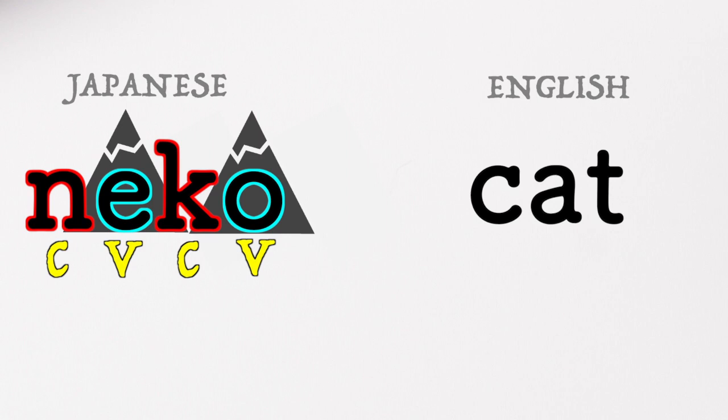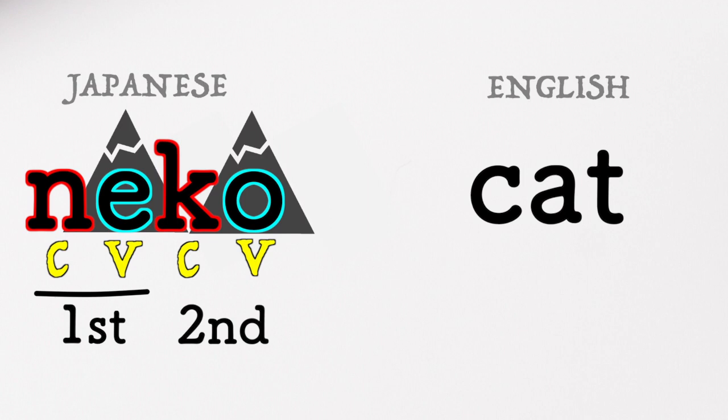The word neko has 2 vowels and 2 syllables, 2 beats. The first syllable, ne, has a C and a V. The second syllable, ko, has the same. This CV type is the main type of syllable in Japanese.